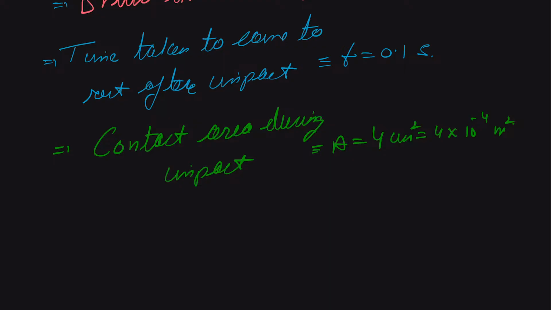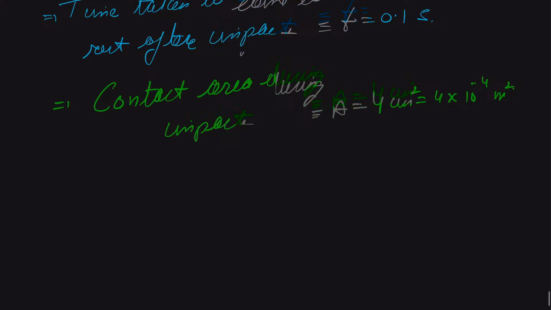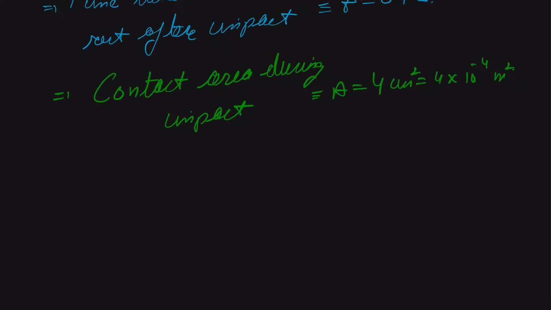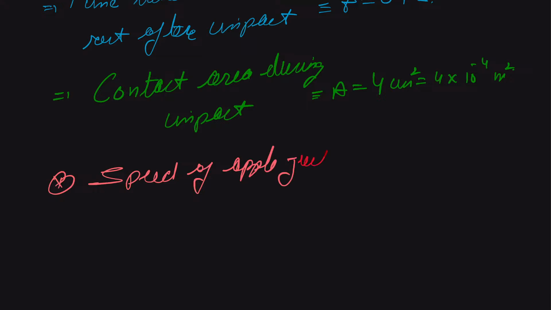First of all, we are going to find out the speed of the apple just before the impact. For that we are going to use the conservation of energy. The speed of the apple just before impact is given as v.